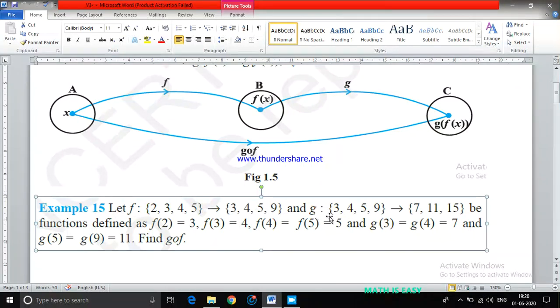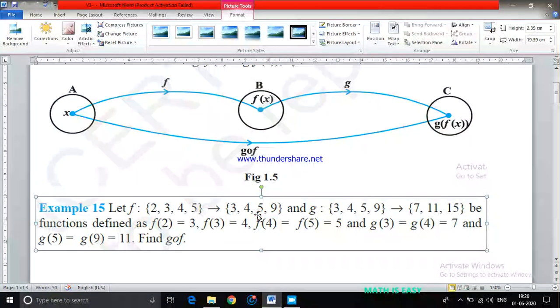So g is a function from 3, 4, 5, 9, which means all these elements 3, 4, 5, 9 will be mapped by some of the elements from here. If I take only 3, 4, 5, for example, instead of 9, that means here only 3, 4, 5 are mapped, 9 is not mapped. So those elements in this set which are mapped, the range of the set f, will be the domain of g.